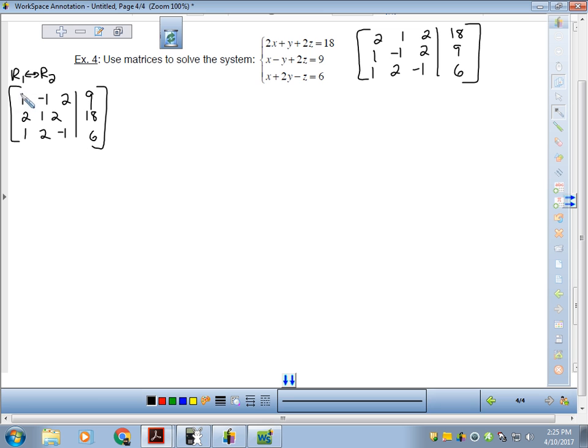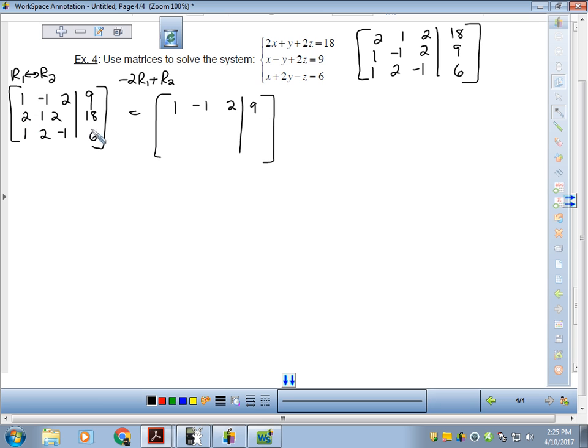Now that I have a 1 in the upper left corner, I want to get zeros underneath. So I am going to get rid of this 2 by doing negative 2 times row 1 and adding it to row 2. So row 1 stays the same, 1, negative 1, 2, and 9. Row 2 is going to change, so 1 times negative 2 is negative 2.